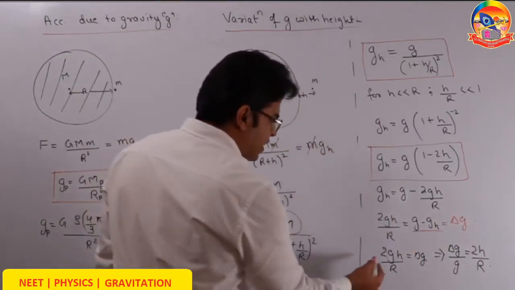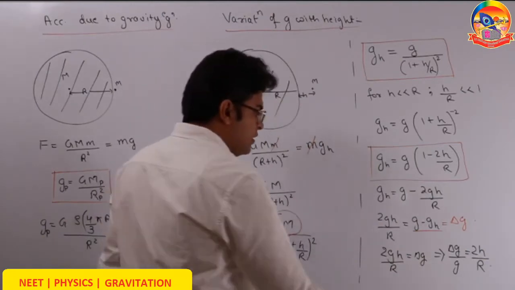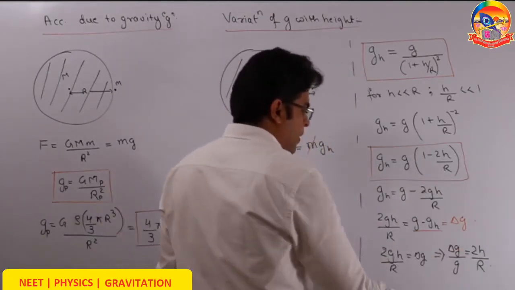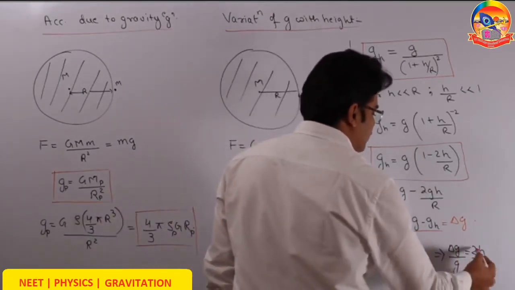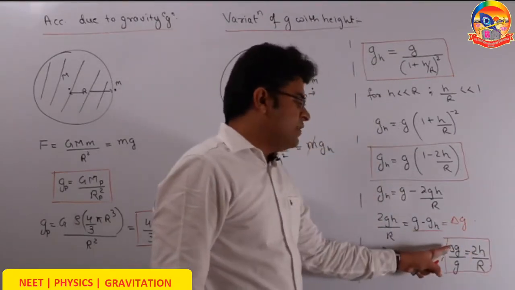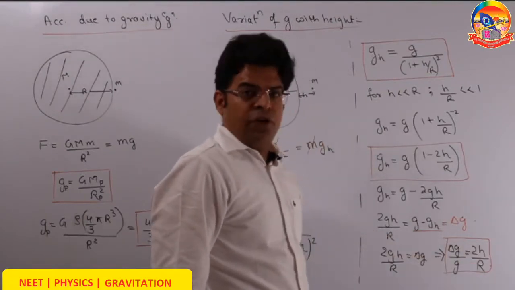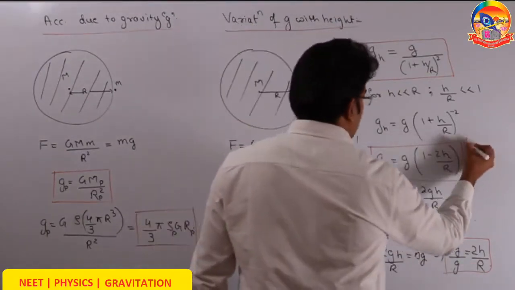So we can write 2gh by R equals delta g, so the change in acceleration due to gravity upon the acceleration due to gravity on the surface of Earth equals 2h by R. So the fractional change in acceleration due to gravity equals 2 times the height above the surface of Earth upon the radius.